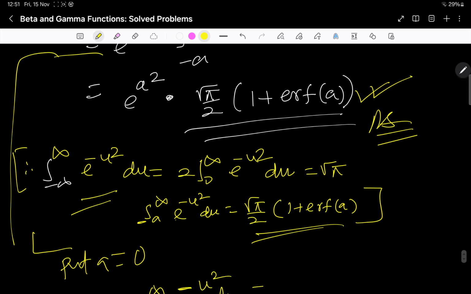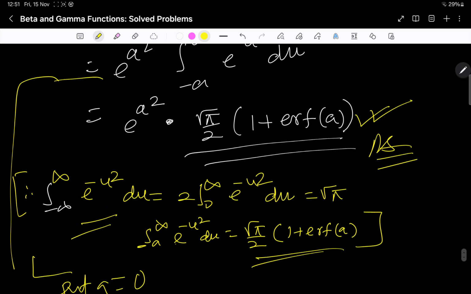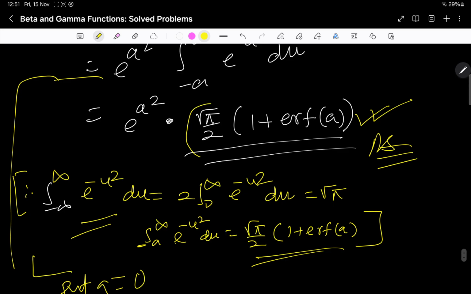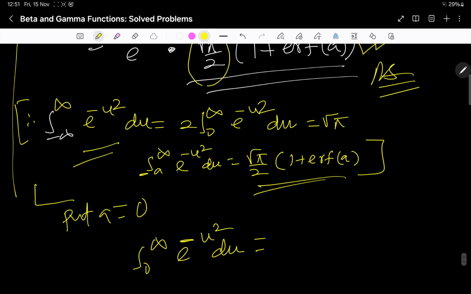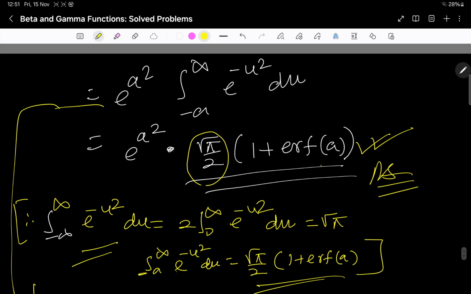Is it not? And if you substitute over here, now what you will get? It's simply root over of pi by 2, right? Root over of pi by 2, so this is okay then. So you should leave it here because of this formula.